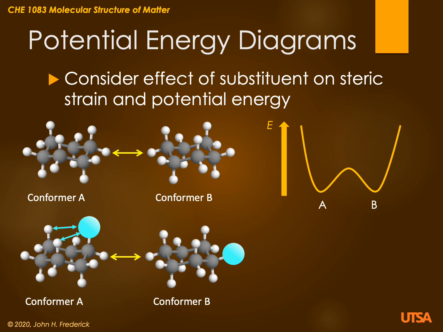This steric interaction is going to raise its energy relative to the similar situation with the one in the equatorial position. So now, instead of having a nice symmetric arrangement between these two wells, I'm going to see that A is at a higher energy than B because that substituent happens to be in an axial position.